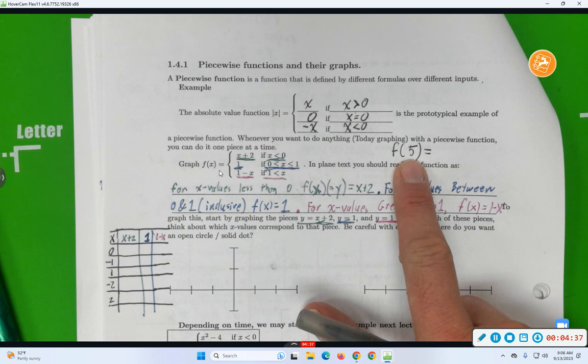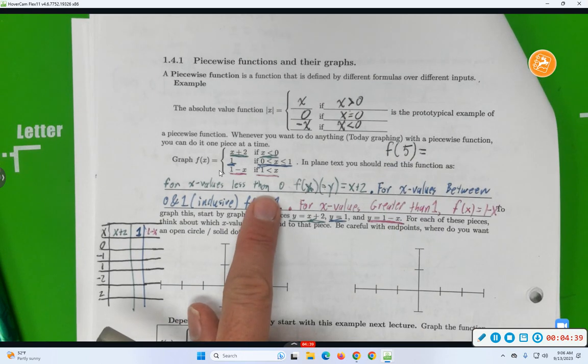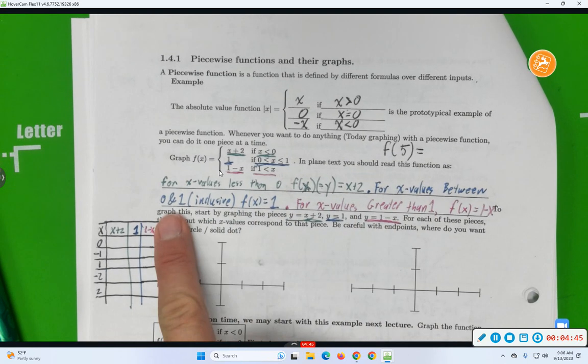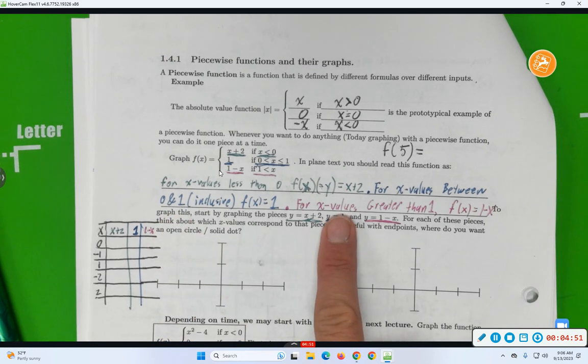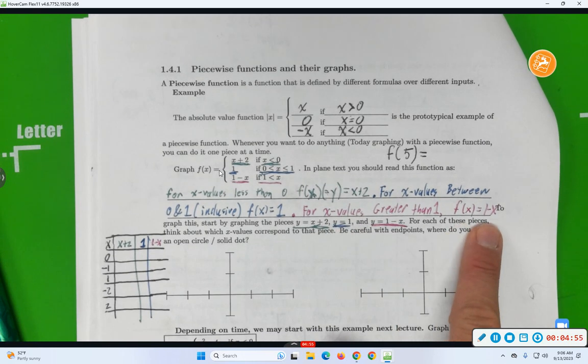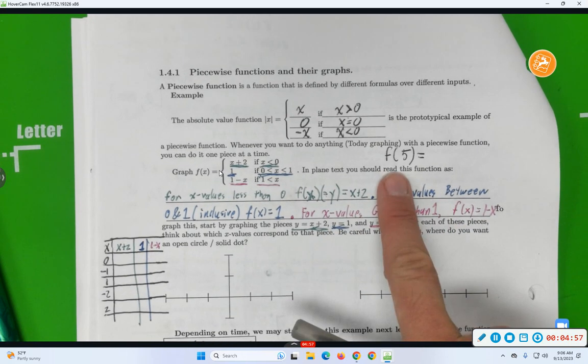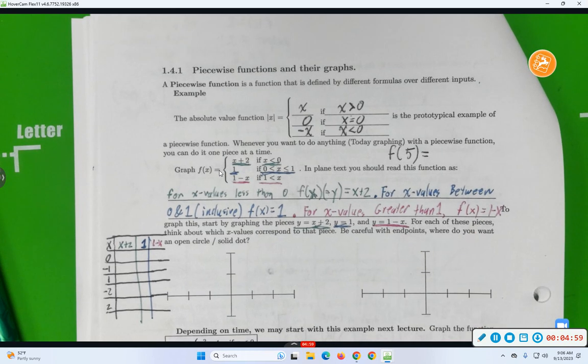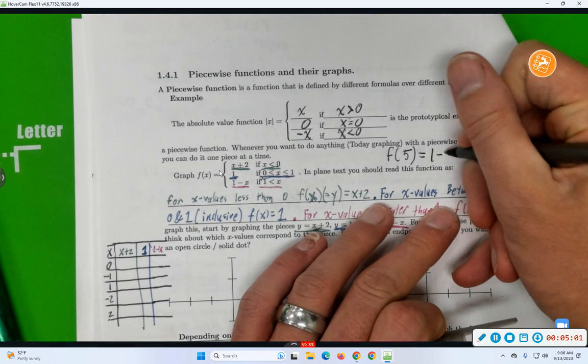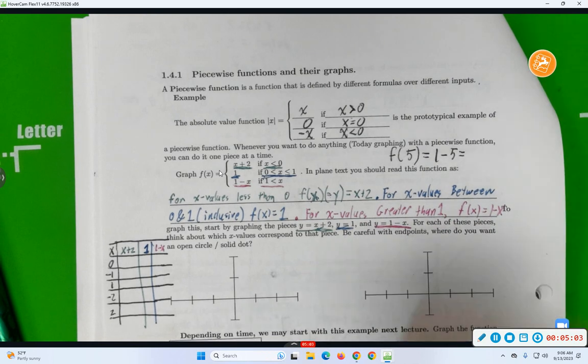If you take an x value of 5, is that x value less than 0? No, so the green case doesn't matter. Is that x value between 0 and 1? No, so don't care about the blue case either. Is that x value bigger than 1? Nice, so that means f of x is 1 minus x. So I should take that 5 and plug it in for that x, which is?